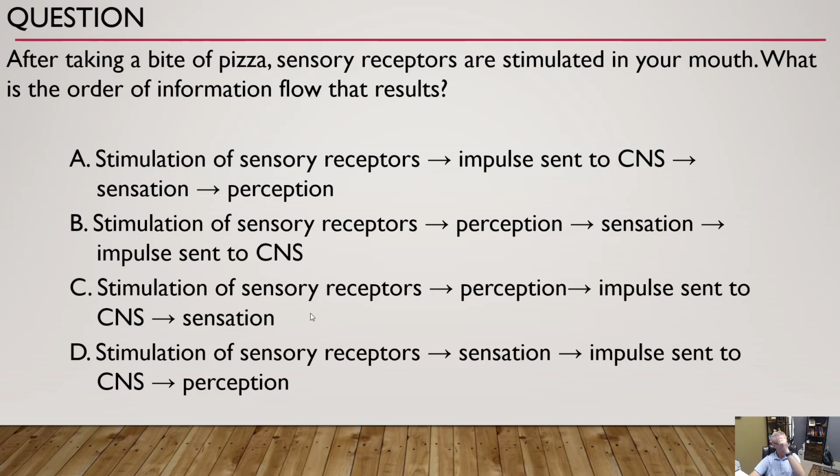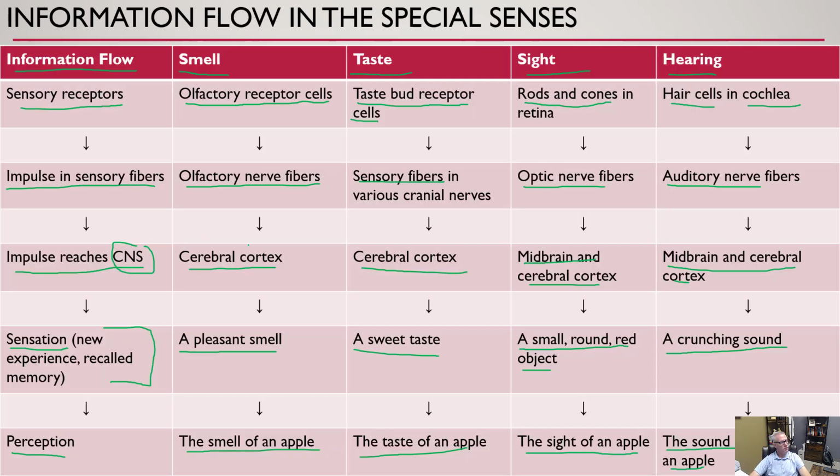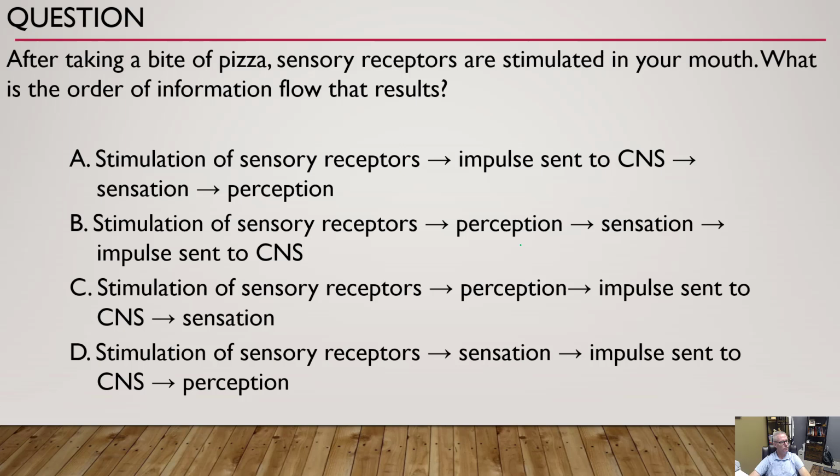And then if we go back to this page, basically we have sensation and perception are the last 2. So we can cross off this one. We can cross off B because perception should be the very last thing. So here perception is the last thing.